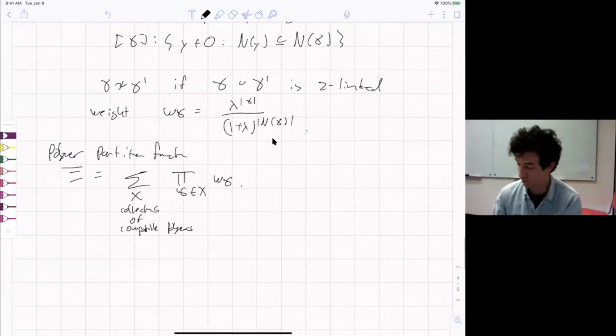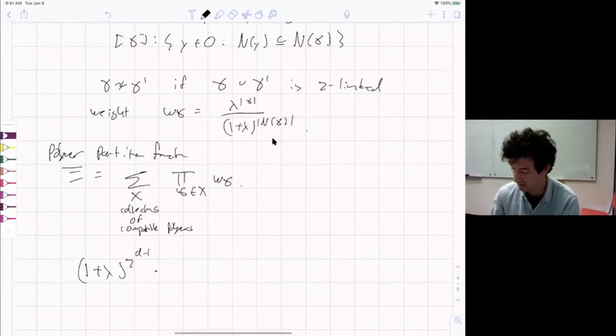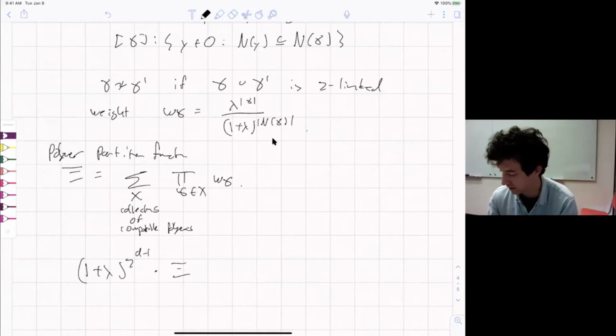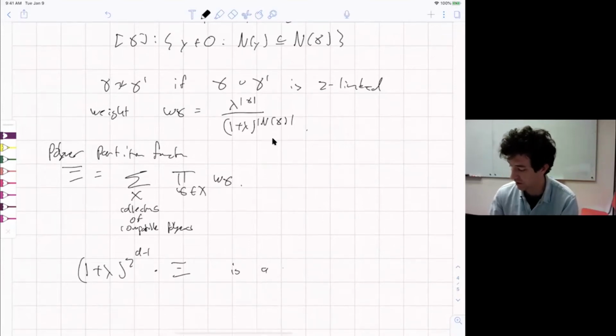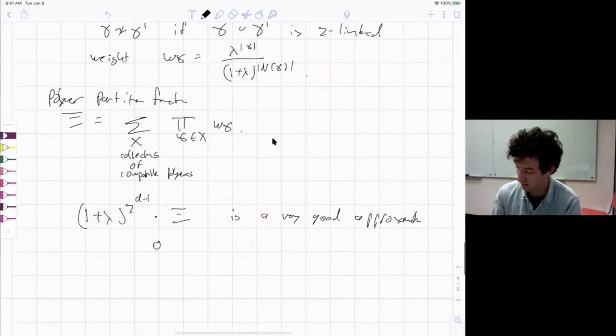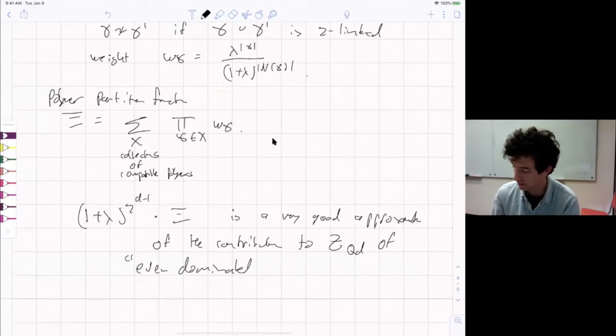And what we hope, and what we can show, is that (1 plus lambda) to the 2^(d-1), this factor out front, times this polymer model partition function is a very good approximation of the contribution to Z_{Q_d} of even dominated independent sets.